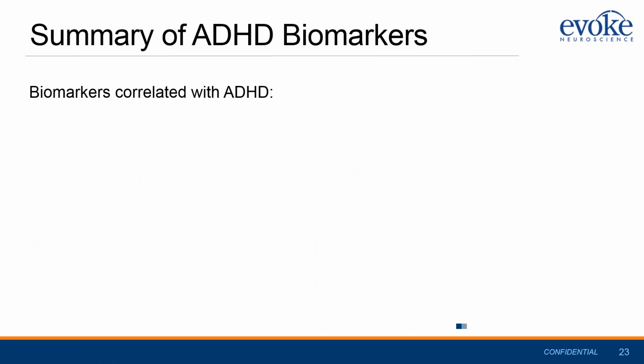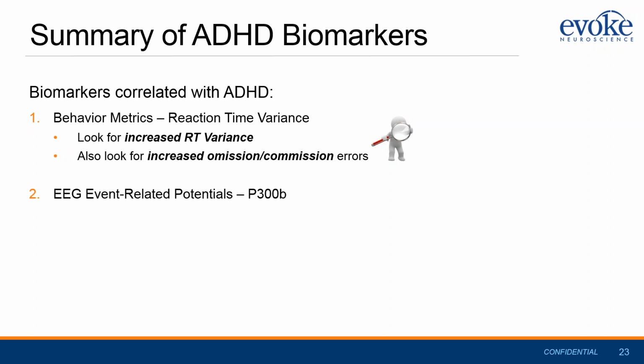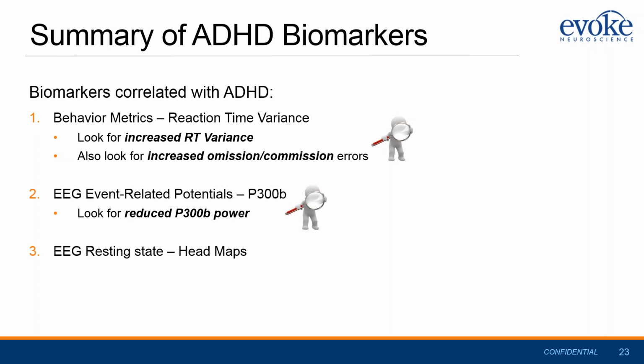Okay, so a quick summary before we get into case studies. Our first biomarker was behavior metrics. Reaction time variance is what you're looking for, an increased reaction time variance. And sometimes you'll also see increased omission or commission errors, or both. Second, you're looking for the P300B component of ERPs. You're looking for a reduced P300B power.